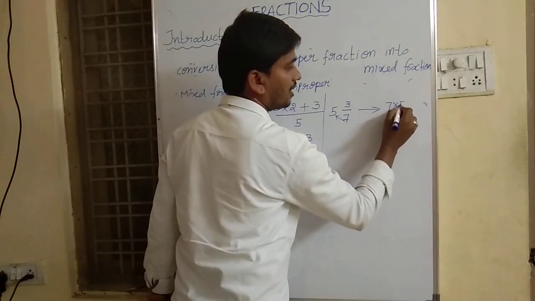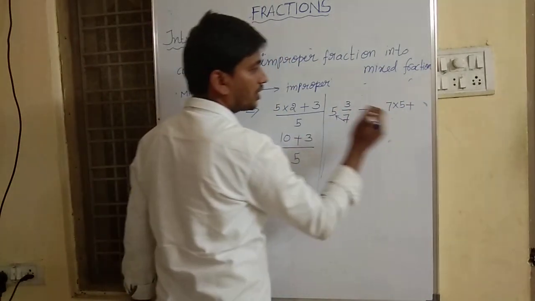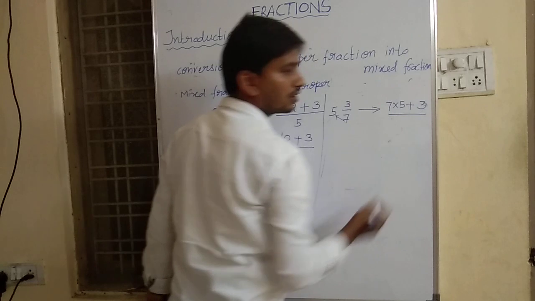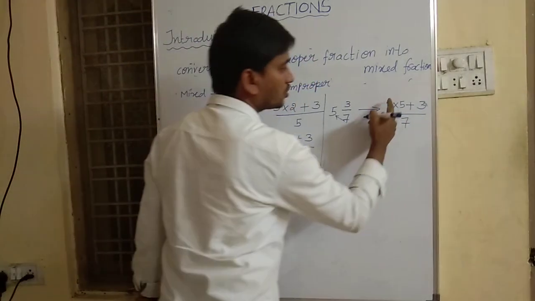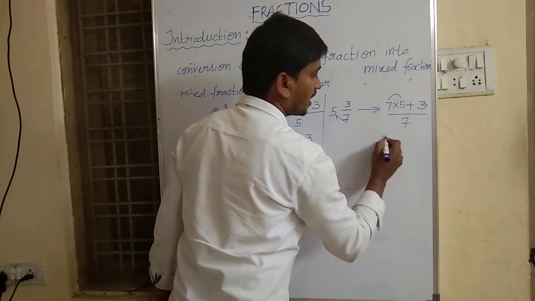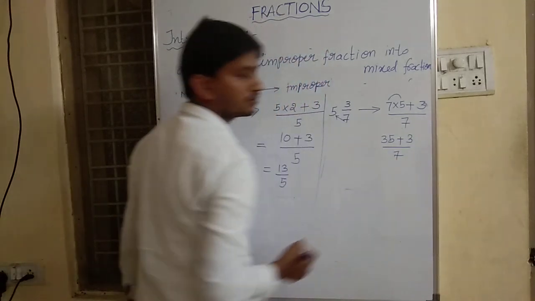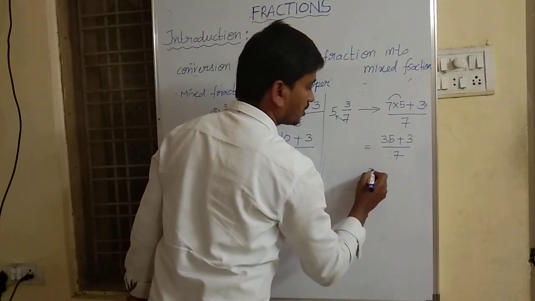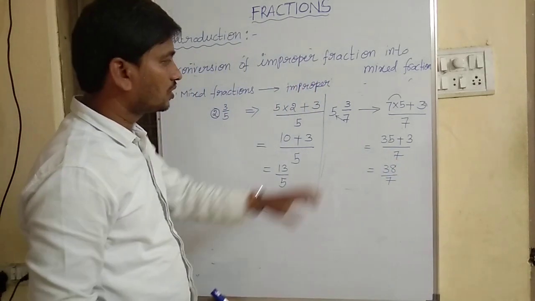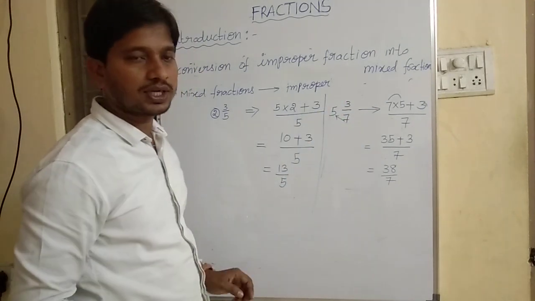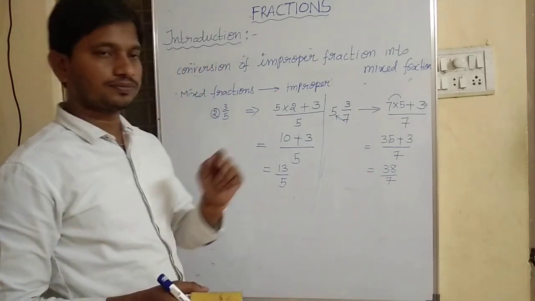So 7 into 5, then add the numerator 3, divided by the denominator 7. 7 5s are 35, plus 3, that is equal to 38 by 7. So 5 3 by 7 is our mixed fraction, and we converted it into an improper fraction.